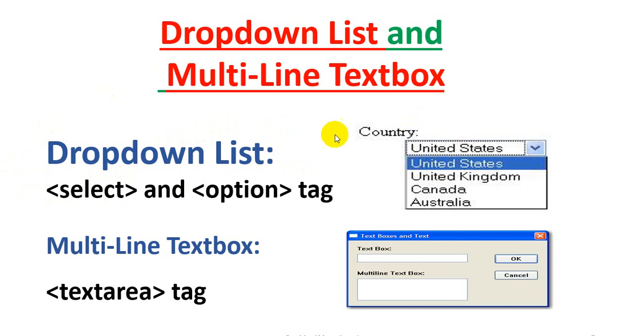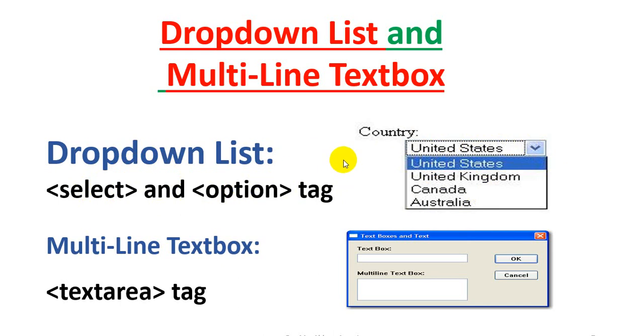In a drop down list, we have to have more than one item. Items are created by using a special tag, that is the option tag, and this drop down list is created by using the select tag. So select tag and option tag are both used at the same time.